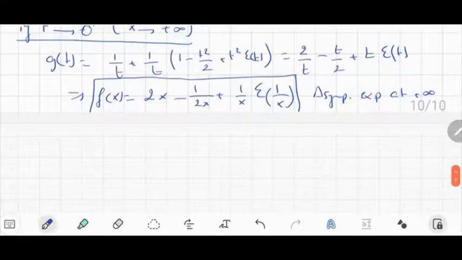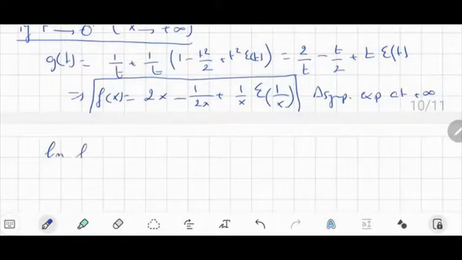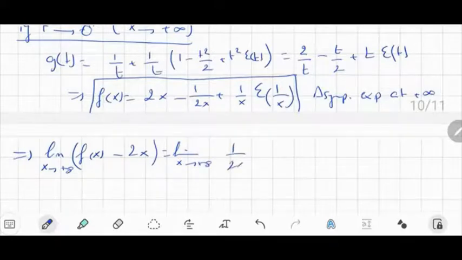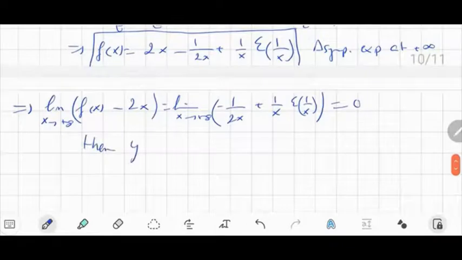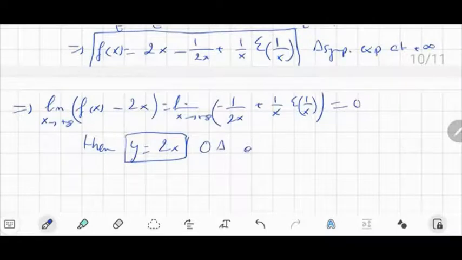And when we obtain this asymptotic expansion, we notice immediately that the limit of f of x minus 2x as x tends to plus infinity is equal to the limit as x tends to plus infinity of minus 1 over 2x plus 1 over x epsilon of 1 over x, which is equal to 0. Then y equals 2x is an oblique asymptote of f at plus infinity.